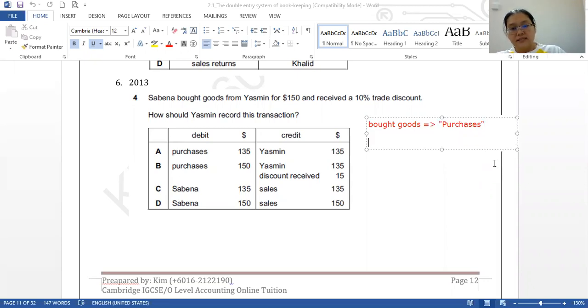Because this is a gross list price, the list price is 150, less 10% trade discount, which is minus 15. So your net amount is 135.